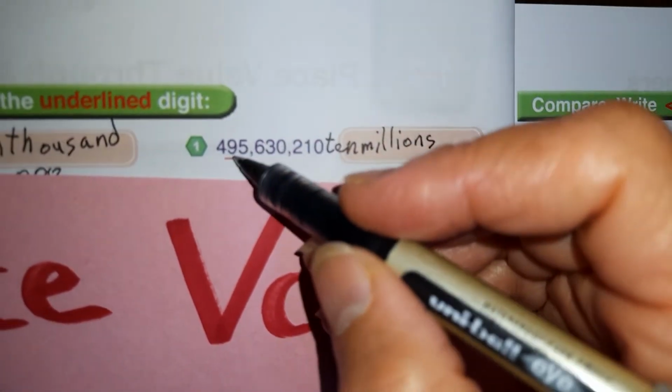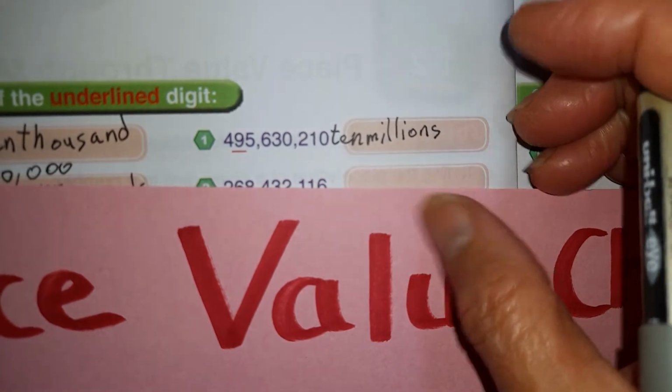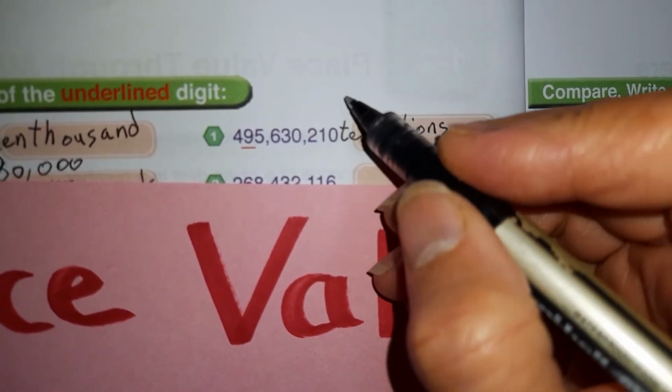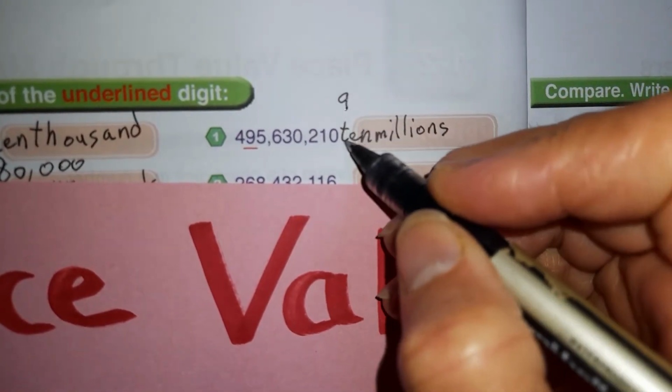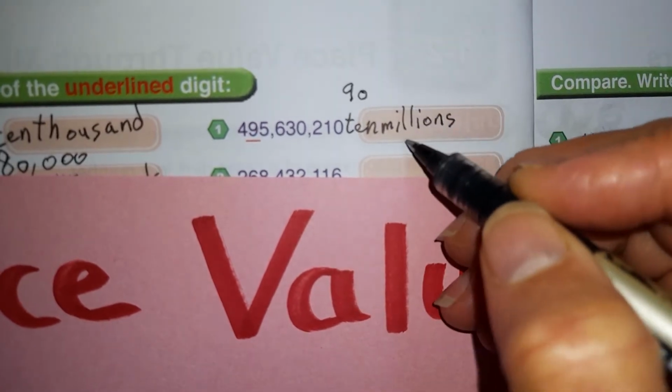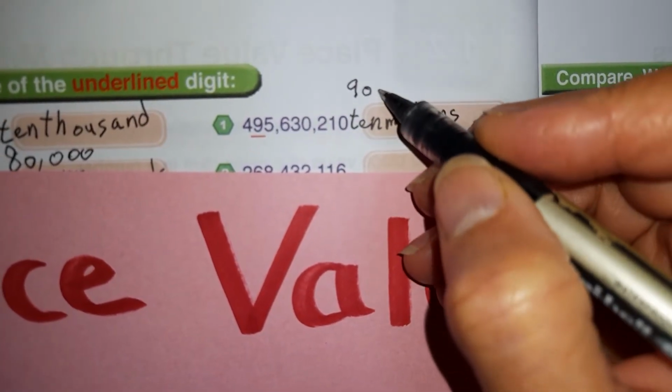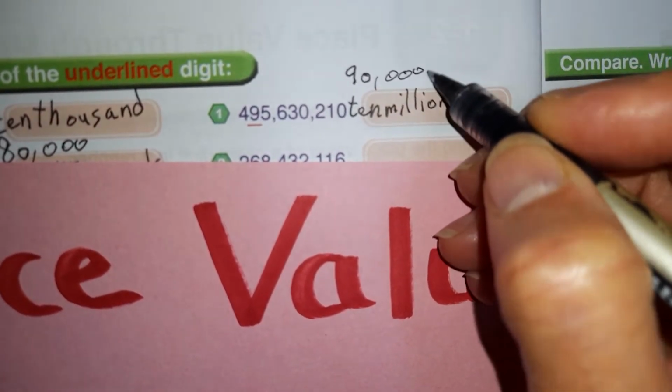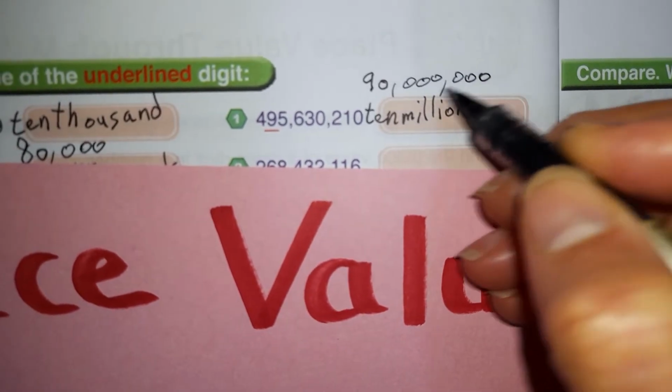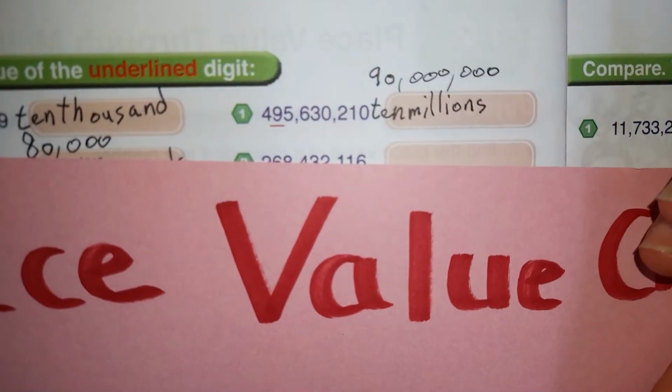And the value of it is 9. 9 with how many zeros? 10 will give us 1 zero. Million how many zeros? 6. So 1, 2, 3 comma 1, 2, 3. So it is 90 millions.